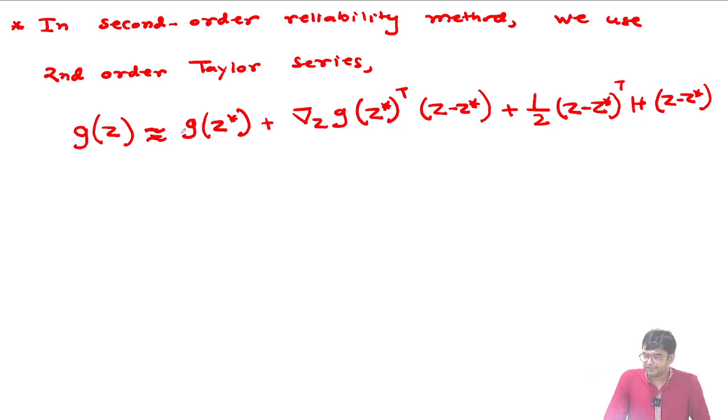And then what did we say? We said that let us assume that Z and Z star both are on the limit state, the curve.